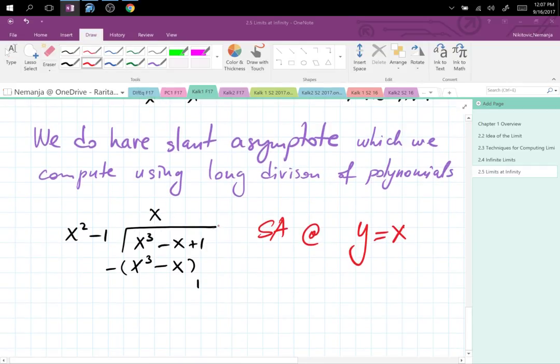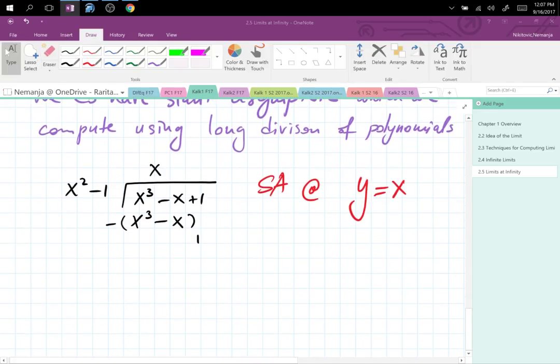There is a remainder here. We could have gone and said plus 1 over x squared minus 1, but we don't care about it because we are not going to add that to our asymptote. So far, you know how to find vertical asymptotes using one-sided limits.